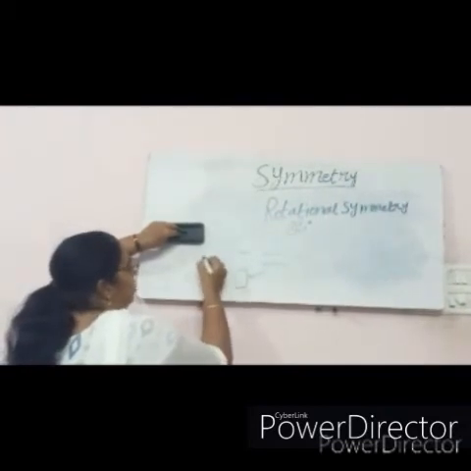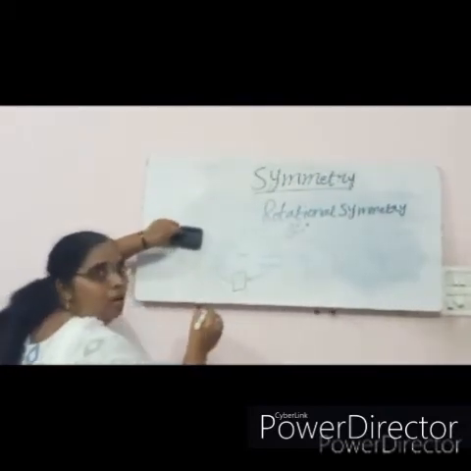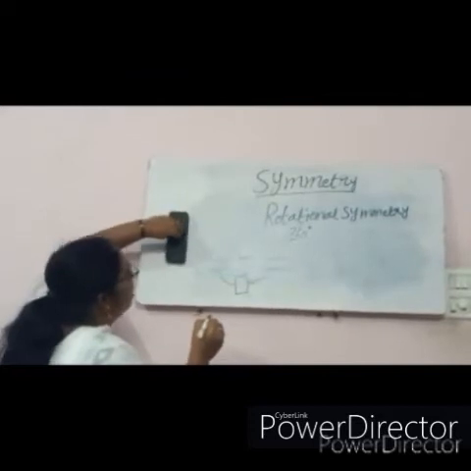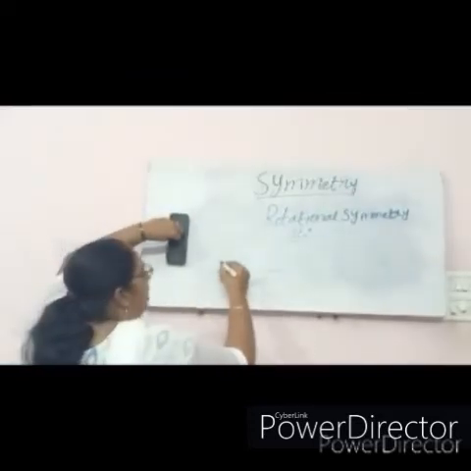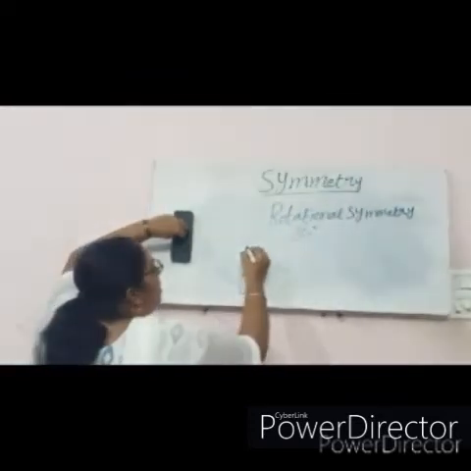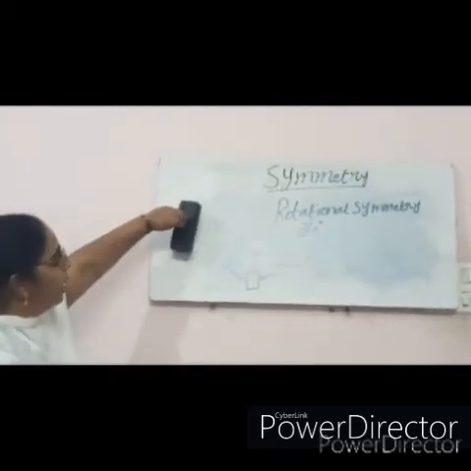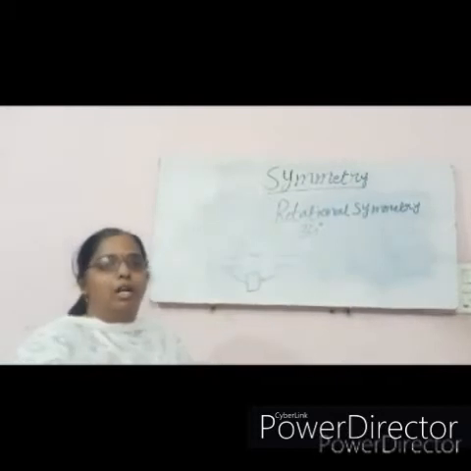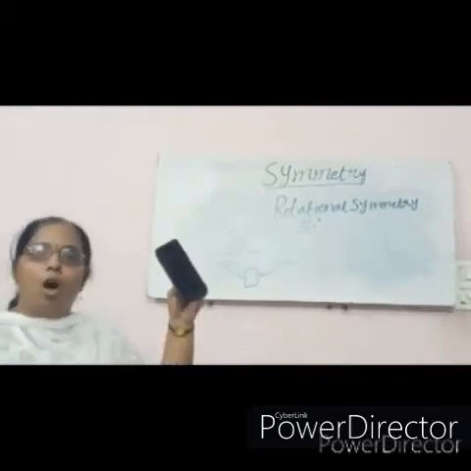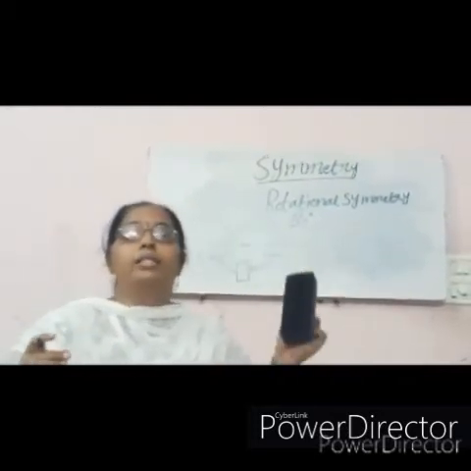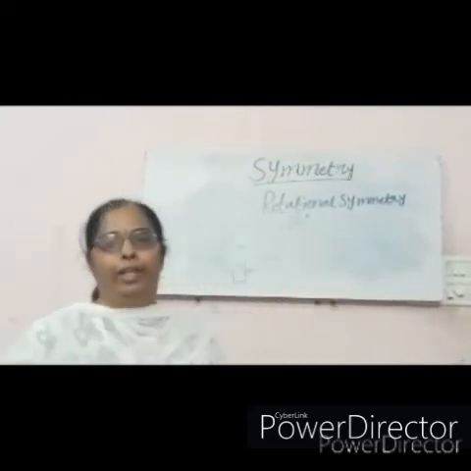And now again I am going to the original position, that is here itself, at 360 degrees. So now when I rotate this object, how many times does the object appear the same as your original figure?